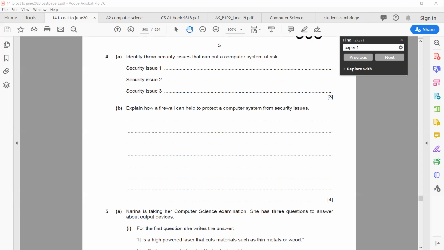Okay, so firewall is just like a filter. It has a set of criteria or rules. ठीक है ना? तो इसमें it checks whether the incoming data or the traffic meets those rules or criteria.